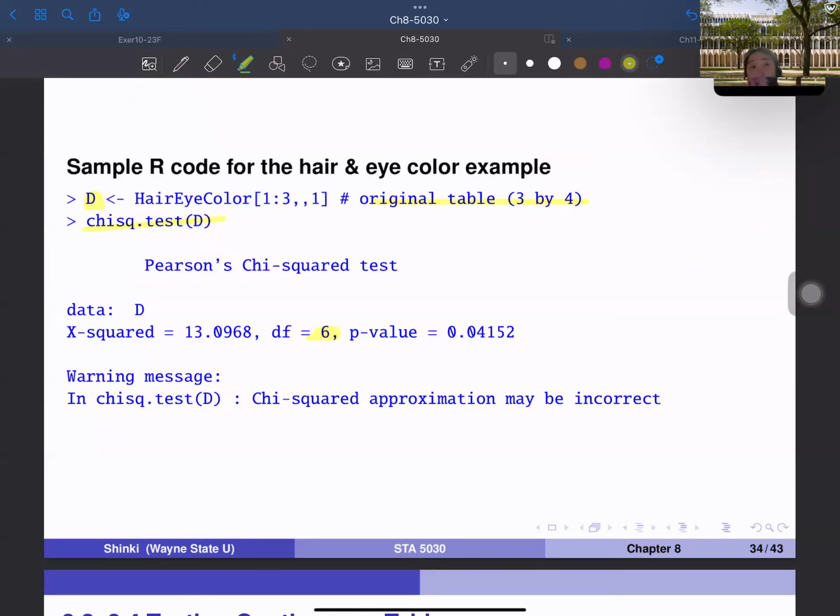So this is 4 minus 1 times 3 minus 1. And the chi-square value, it returns 13.09. And it returns the p-value as well. So in this case, it's less than 0.05. So H naught is rejected. So the eye color and hair color are dependent, or not independent.